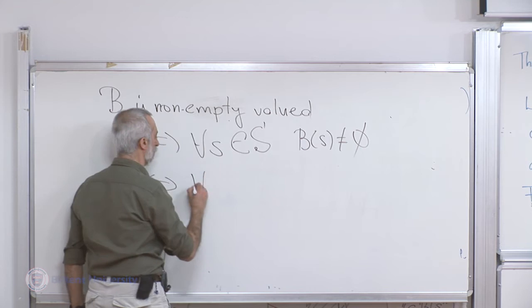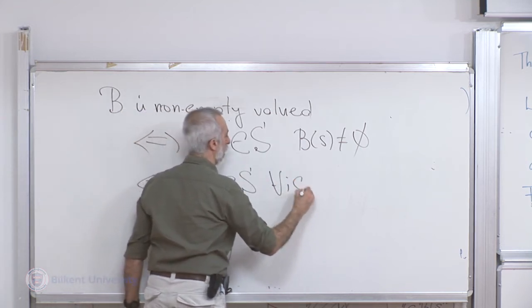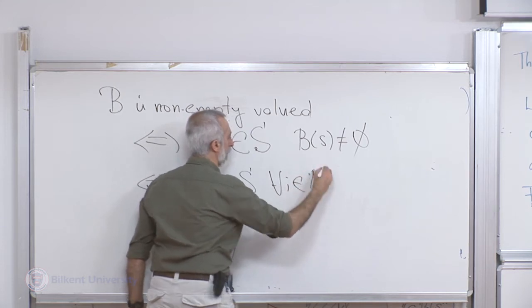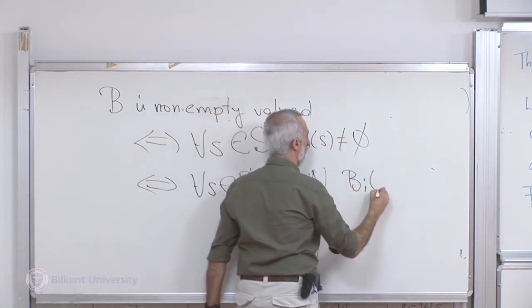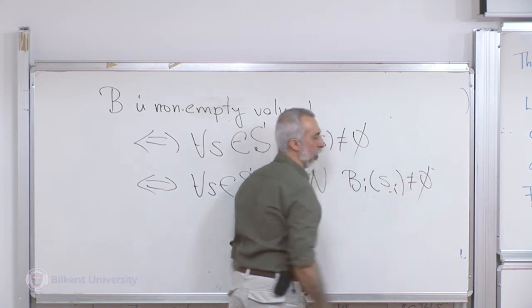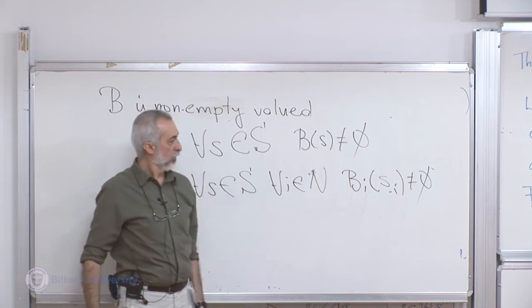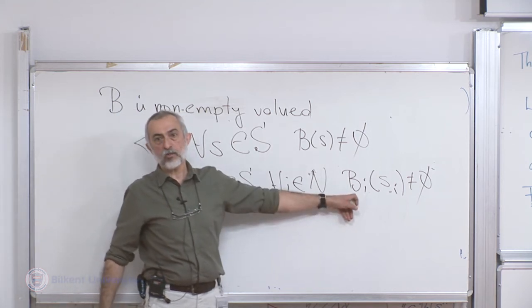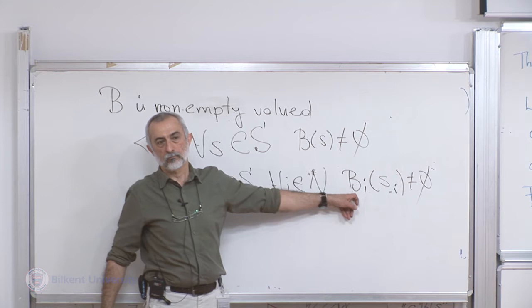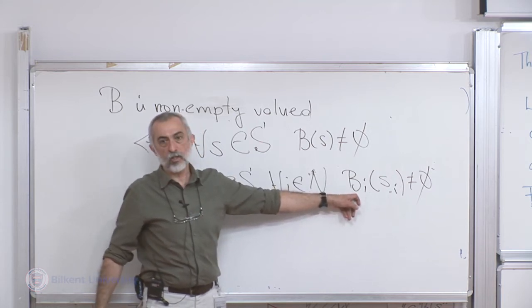So what this means is that for any S in capital S, for any i in N, Bi of S minus i is non-empty valued. So this is equivalent to this statement. So how do we know that this is the case?